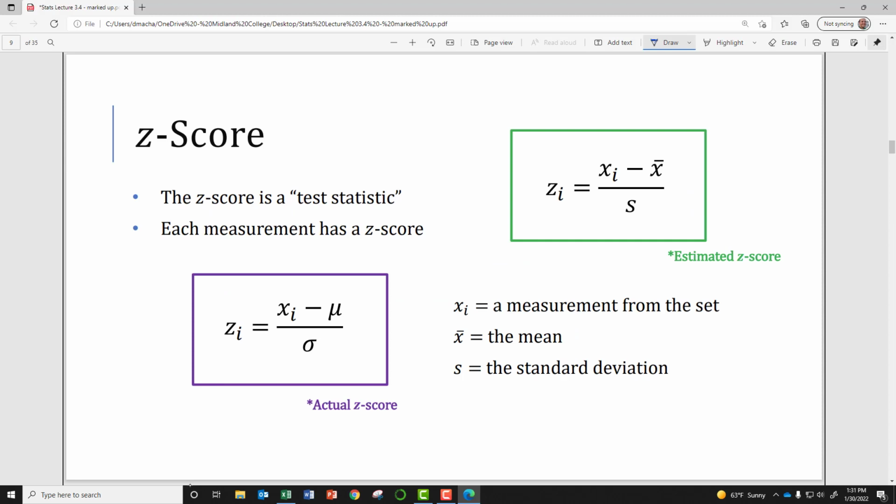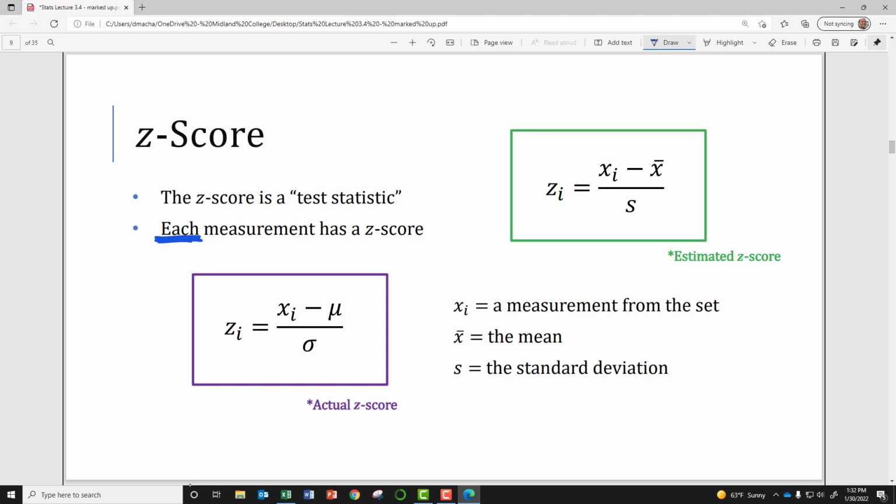Okay, let's talk about z-score. So z-score is a test statistic. Each measurement in your data set has a z-score. So if you've taken 50 measurements, then each measurement having a z-score, that means you can calculate 50 different z-scores.